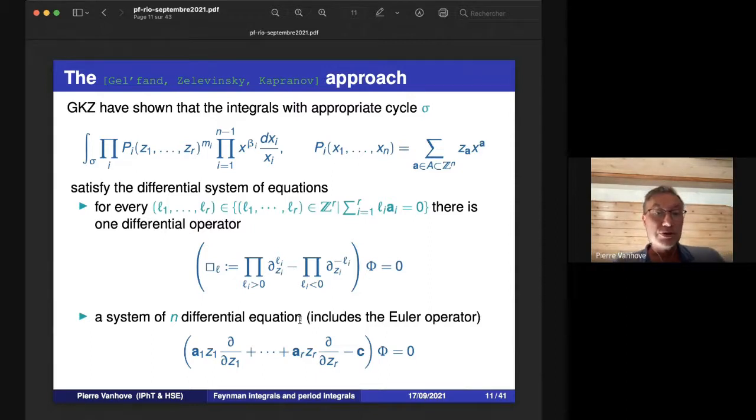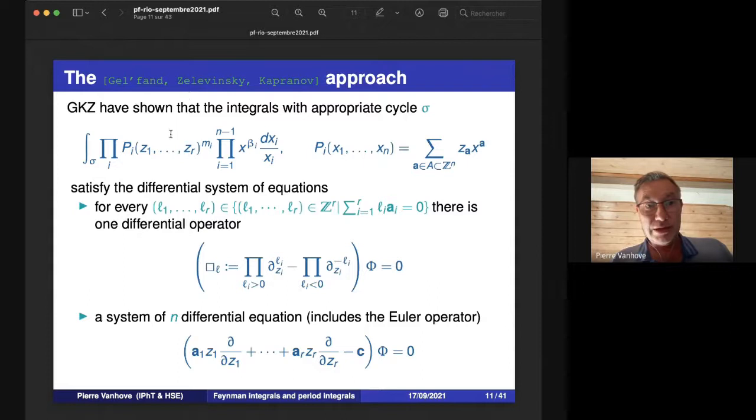So to get a sense of what's going on, I think it's useful to try to think in terms of the GKZ approach, where you essentially have an integral that is a toric integral, and this form is really of the form I just described. It's the parametric form for a Feynman integral, okay?